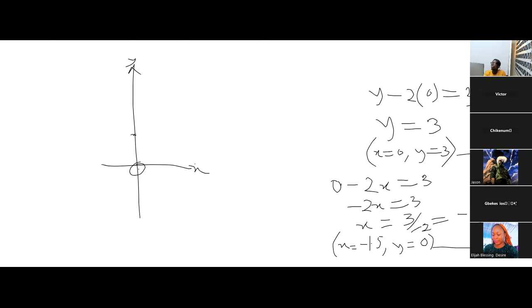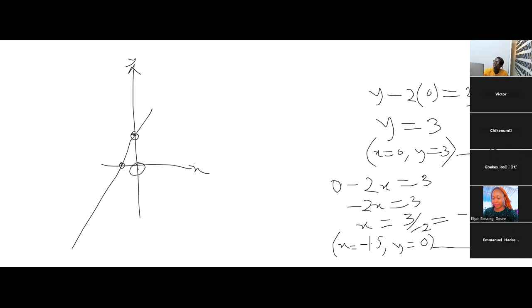You circle it. When x is equal to minus 1.5, y is equal to 0. So you now join the two coordinates together. That is the straight line. That is the line for the first equation, which is y minus 2x is equal to 3.